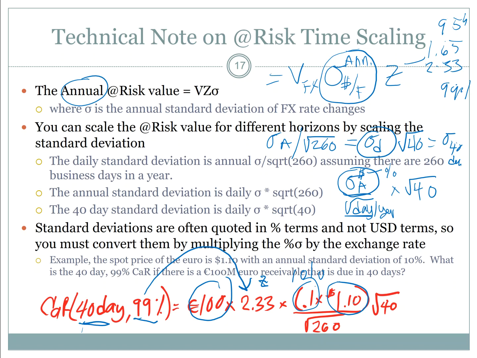So 10% of $1.10 would be about 11 cents. So then my annualized standard deviation in dollars is 11 cents. I'll then divide that by the square root of 260, roughly the number of business days in a year, times the square root of 40, and that value is then my 40-day 99% confidence interval CAR.